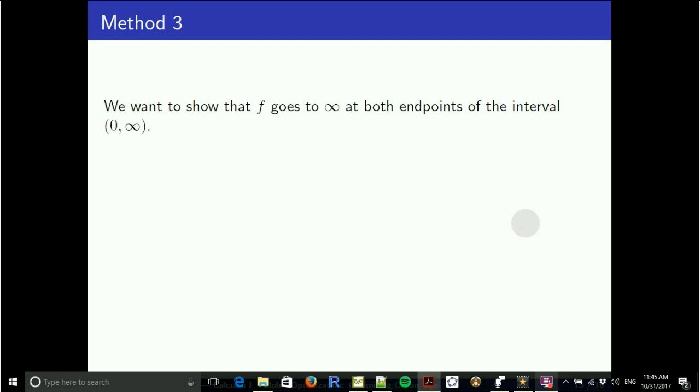In the third method, we show that f of x goes to infinity at both endpoints of the interval. As we approach 0 from the right, the limit of 8 over x plus 2x minus 7 is obtained by considering the limit of each term in the sum. 8 over x goes to infinity, since dividing 8 by numbers increasingly close to 0 gives numbers that are increasingly large. 2x goes to 0, and 7 is constant.